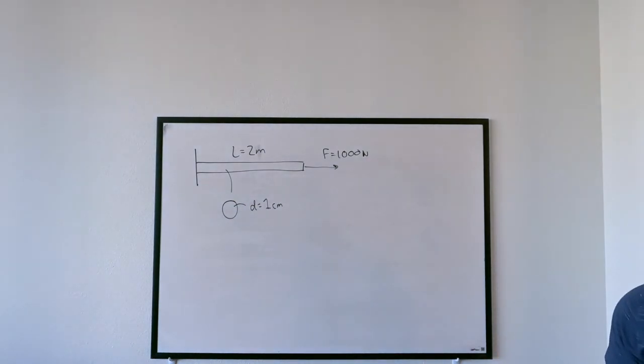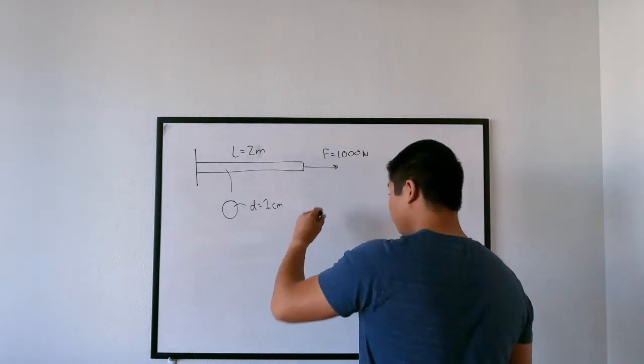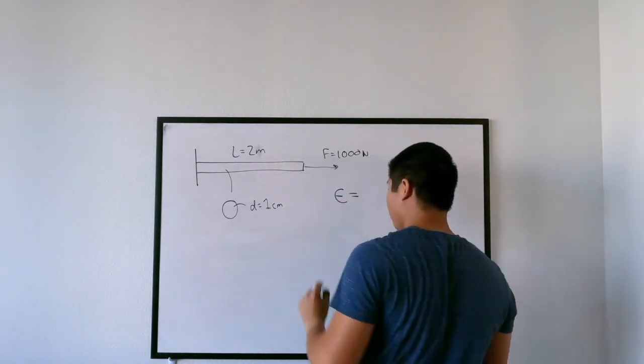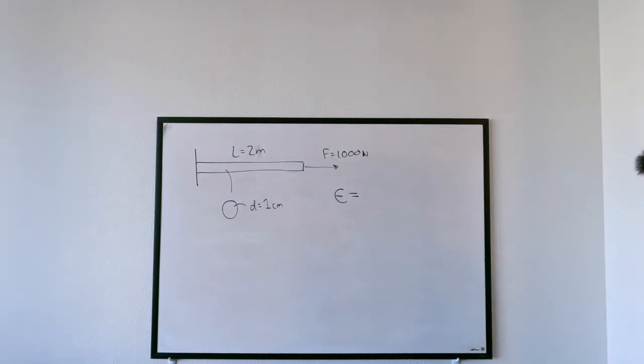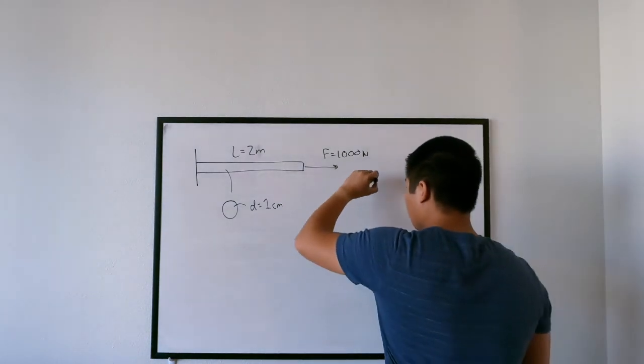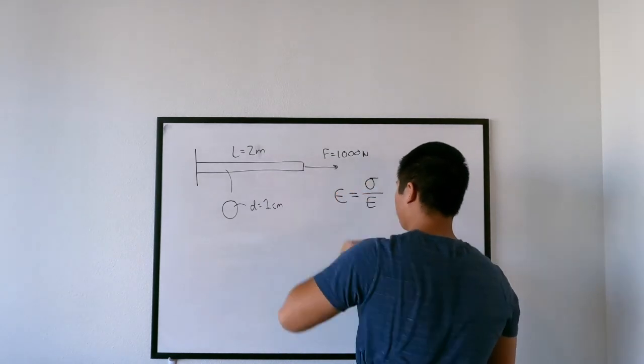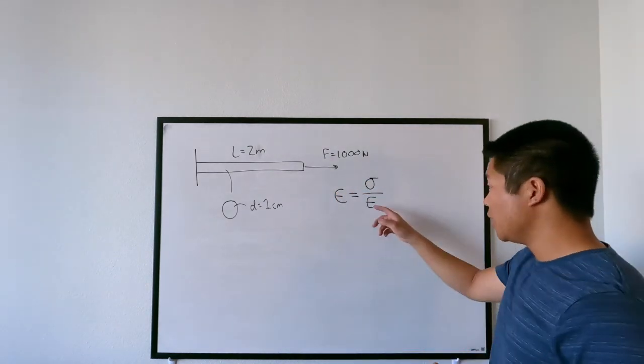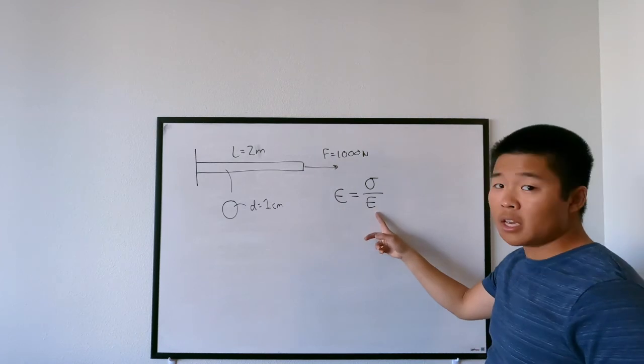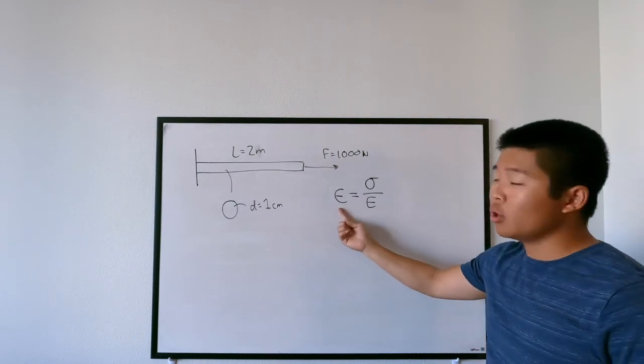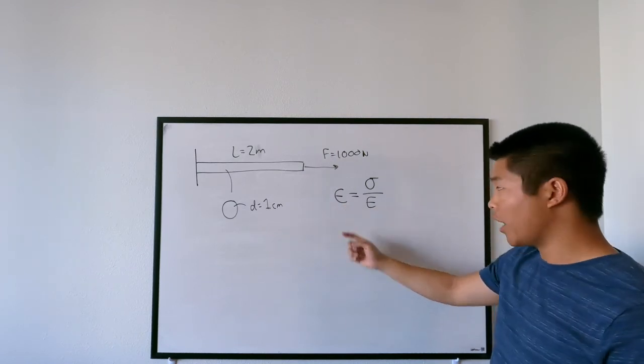With that, we can find the strain. The equation for strain is sigma over E. Remember before we said sigma equals epsilon times E, but now if we're looking for strain, we solve for epsilon.